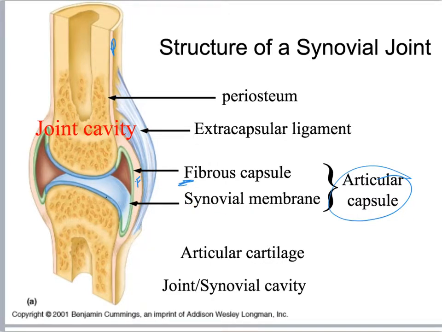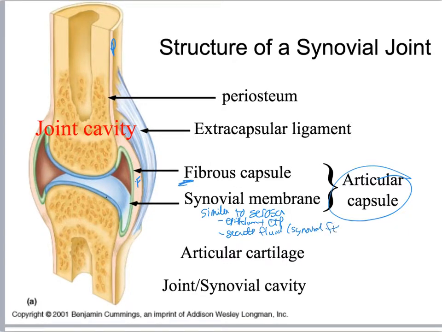And this is going to be very similar to a serous membrane or a serosa, okay? And that you're going to have epithelium plus connective tissue proper, usually areolar, and it's going to be secreting a fluid. In this case, we're going to call it synovial fluid.